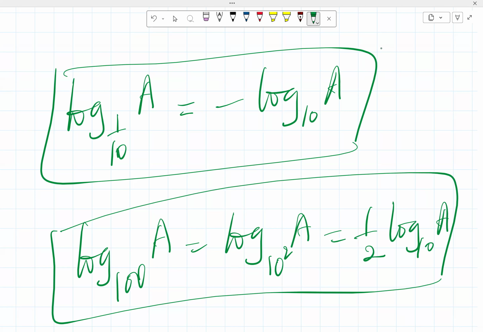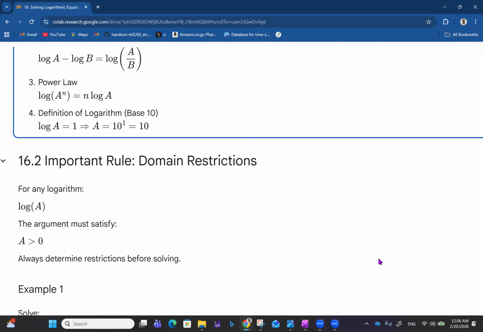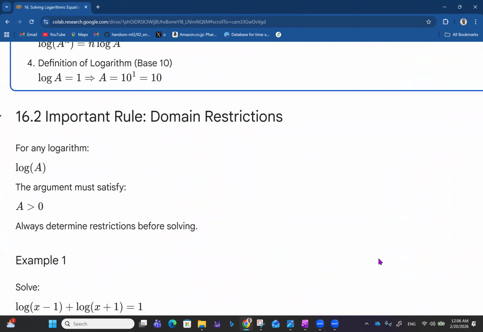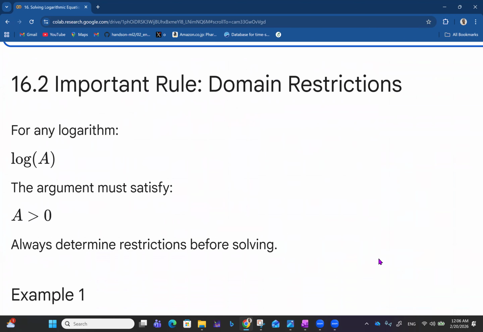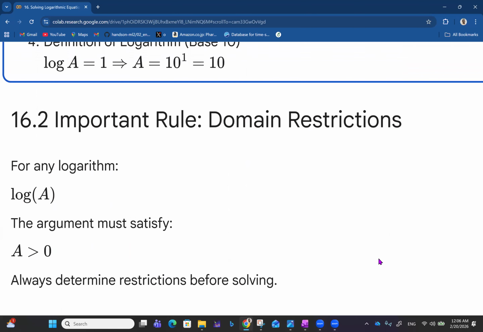We might need any of these ideas as we move on in trying to solve using the laws of logarithm. So 16.2, now we have an important rule about domain restrictions. Of course, we have done domain restrictions everywhere since we started solving logarithmic equations.